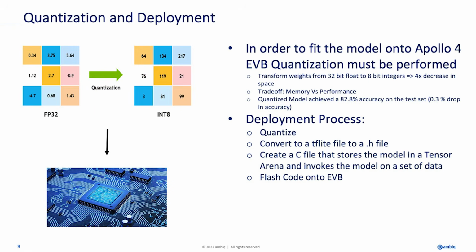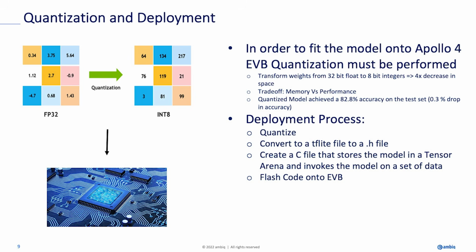The next step in the development process was quantizing the model and deploying it on the Apollo 4 EBB. The process of quantization involves converting the 32-bit float weights to 8-bit integers, and that decreases the space significantly.